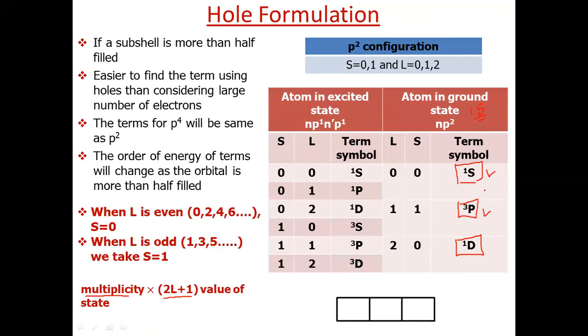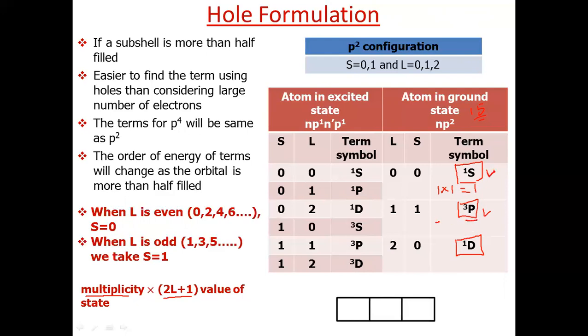Now let us apply it to 1S. For 1S, multiplicity is 1, multiplied by 2L plus 1. For S, the value of L is 0. 2 into 0 is 0, 0 plus 1 is 1. 1 into 1, so the 1S symbol can represent 1 microstate. Now calculate for 3P.